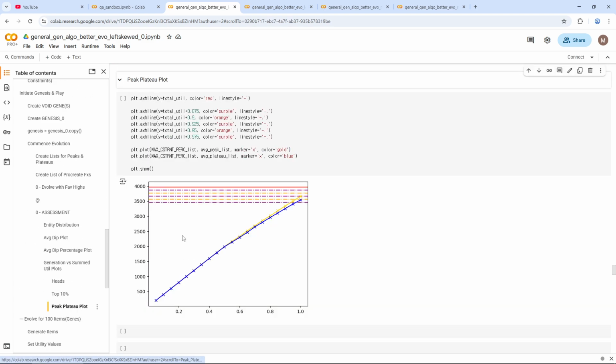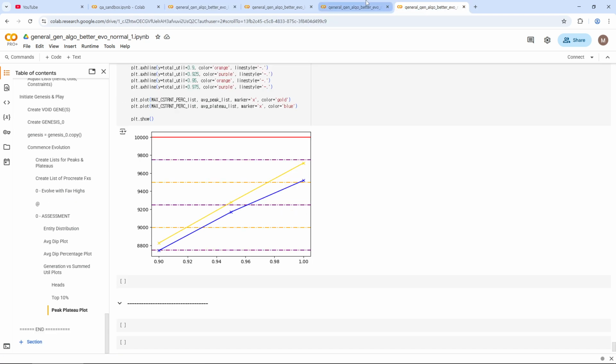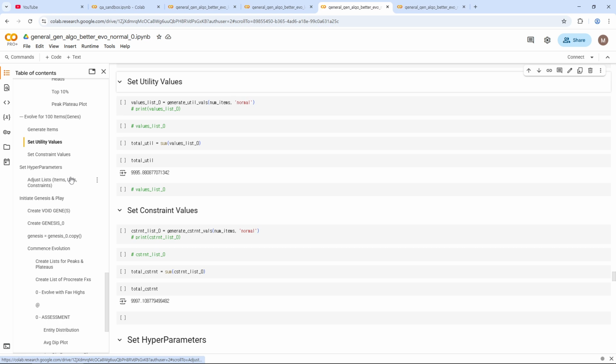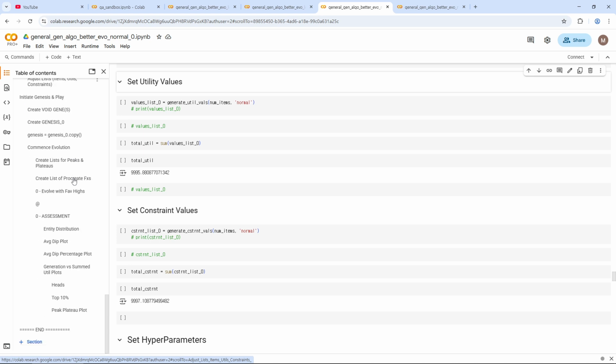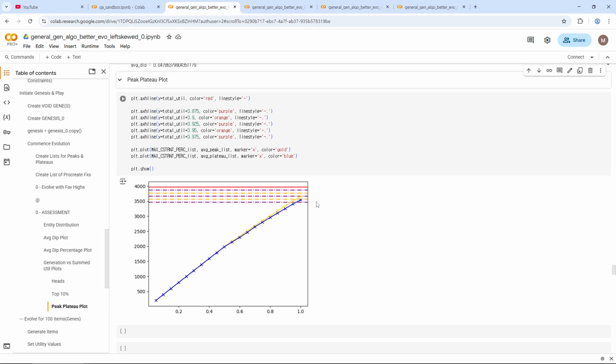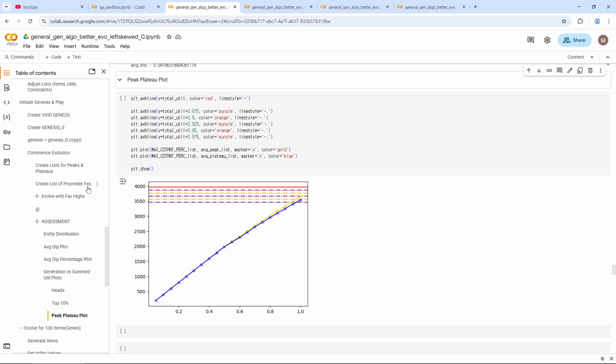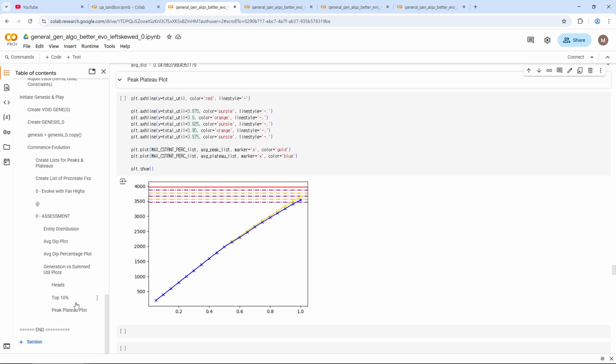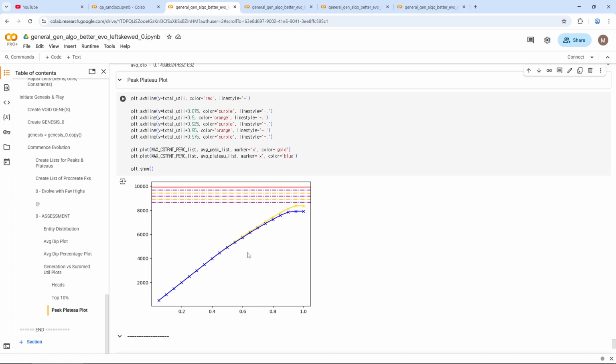because these plots were just too similar to when I used the normal distribution for samplings of the utility values and the constraint values. So here's for 100 items, left skewed.